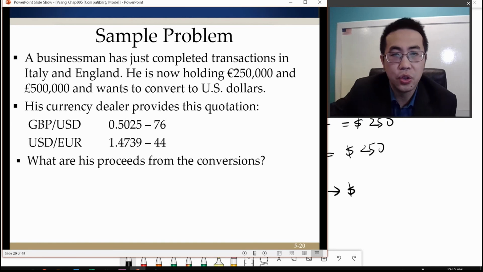So if we want to do the euro conversion, you should know that you are essentially selling euros to get the dollars. Then you should use 250,000 euros, multiplied by this bid price in the direct quote.